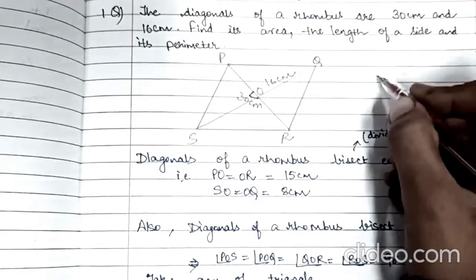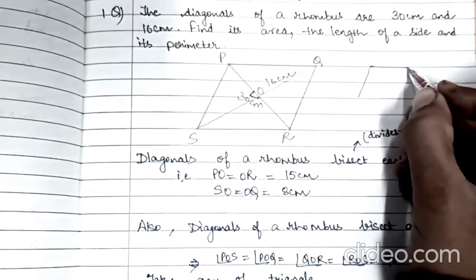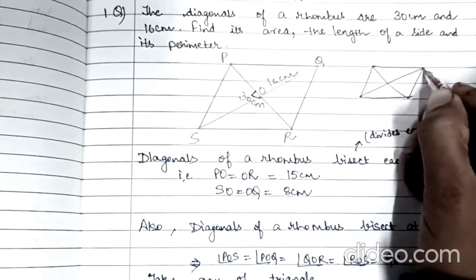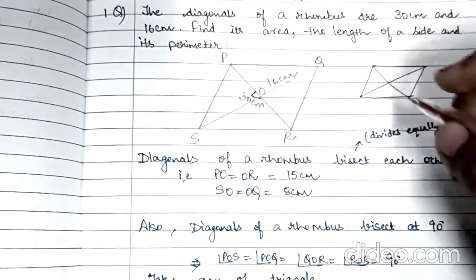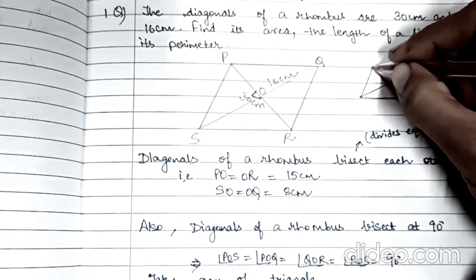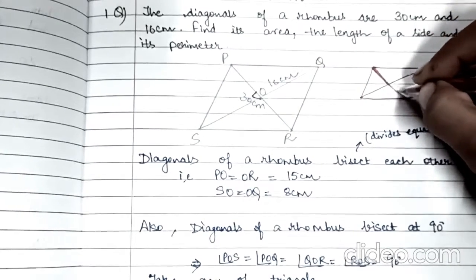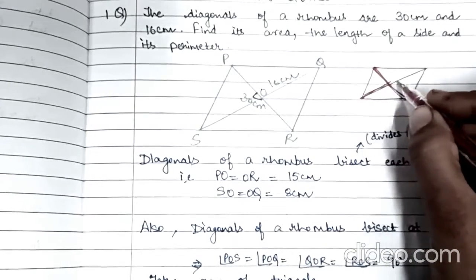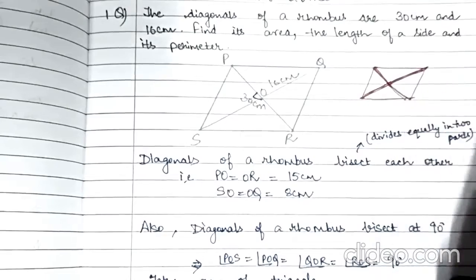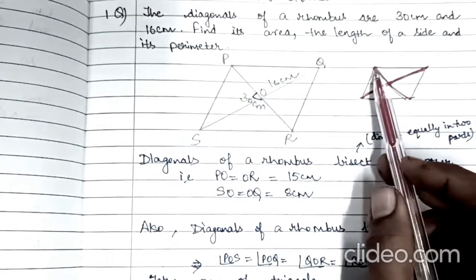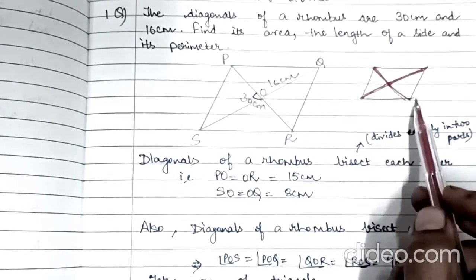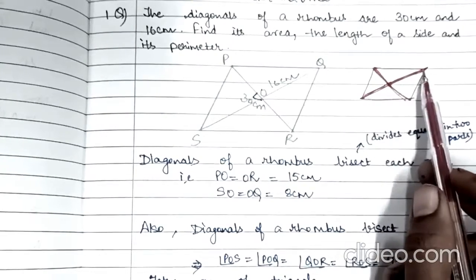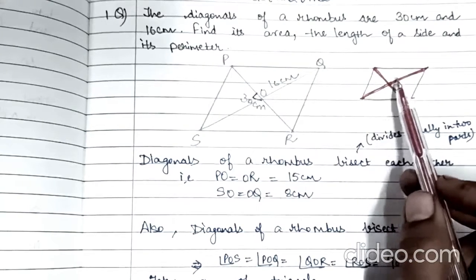Bisect each other means, suppose I have drawn 2 diagonals, this part will be equal to this part and this part will be equal to this part. So suppose if this is 10 centimeter, this will be 5, and if this is 8 centimeter, this will be 4.